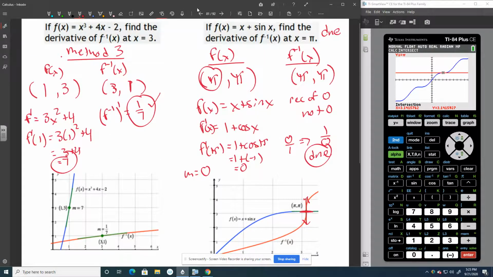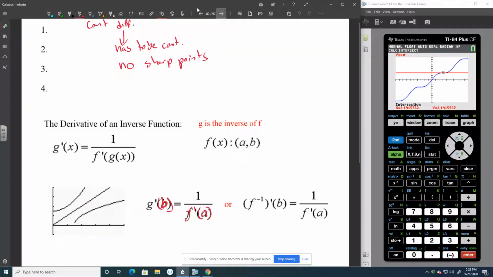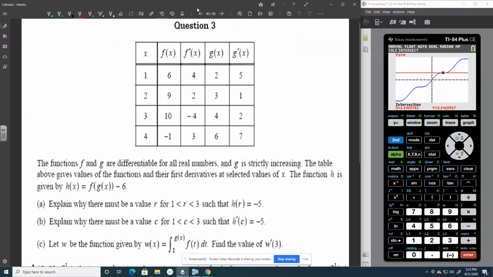Okay, the derivative of our inverse function when x equals 3 was the reciprocal of the derivative of our original function when our output was 3. Okay, so all that means is going forward, let's just do a problem here. Question 3, this is an actual AP question, and I believe it's from 2007. And we're not going to be able to solve the whole thing.